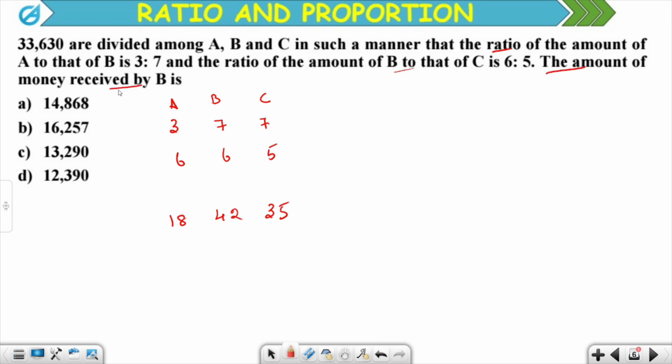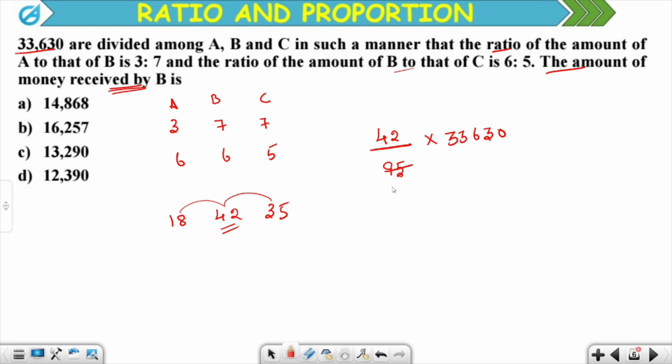What we need to find? Amount of money received by B. What is the amount of money received by B? 42 divided by what is sum of all the numbers? The sum of all the numbers is 95 multiplied by given number, which is 33,630.